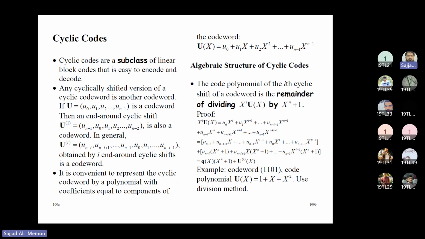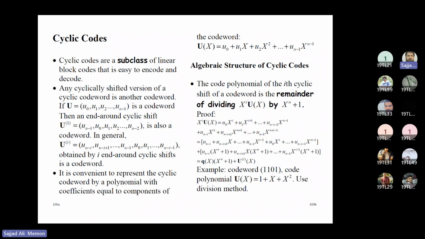Like if we have 0 triple 1, that is a code word. Then you can turn around the 1 to the first, then it will come 1 0 double 1, double 1 0 1, and triple 1 0. So that is how when you make a cycle of that, it becomes another code word. That is the property of the cyclic code.